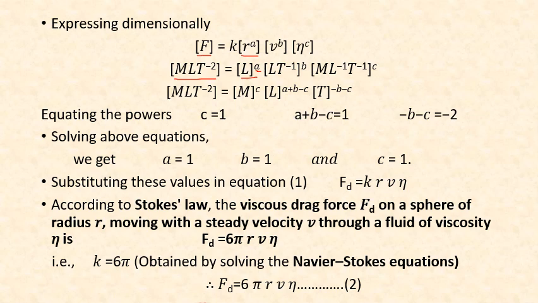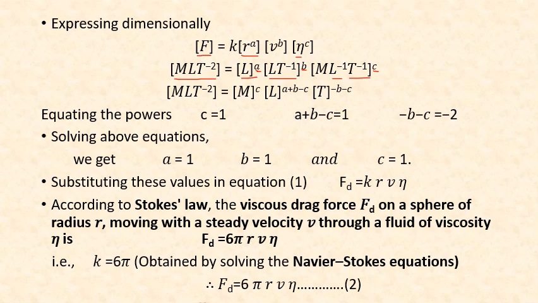The constant velocity, or the terminal velocity v, is given by meter per second. Therefore, length into T to the power minus 1, b taken here. Now, the coefficient of viscosity, we know its SI unit is kg per meter per second. So kg is mass to the power 1, per meter is L to the power minus 1, and per second is T to the power minus 1, into c taken here.